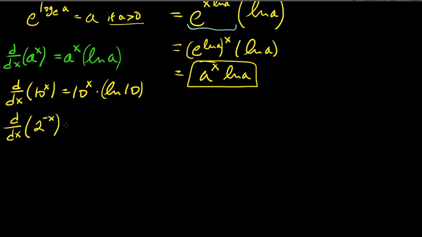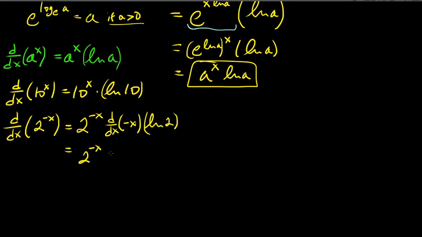Oh, that's interesting. Well, we know the derivative of 2 to the x is 2 to the x, so the derivative of 2 to the negative x is 2 to the negative x, but by the chain rule, we have to multiply by the derivative of negative x, and because a is 2 here, we have to multiply by the log of 2.